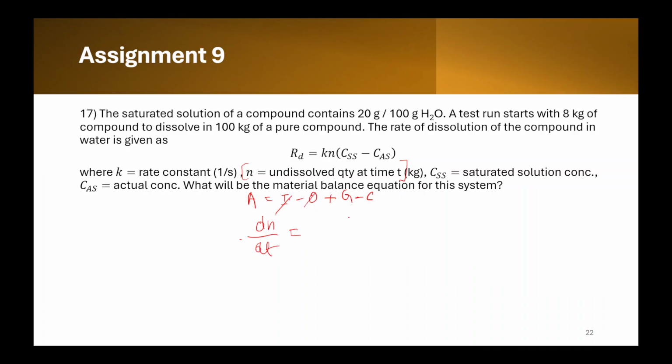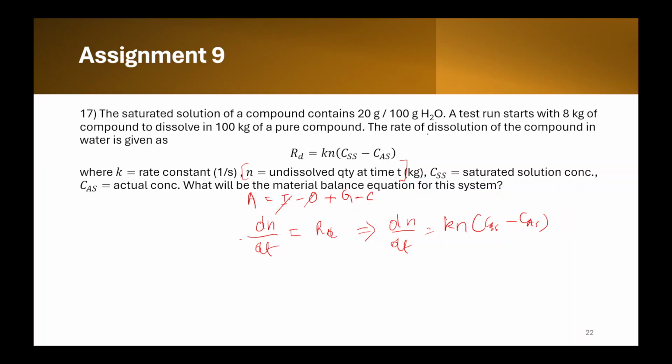Now whatever is being dissolved, that is what we write here. So Rd. You can write it as dn by dt = Kn(CSS - CAS). Now what is CSS in this case? Saturated solution concentration.